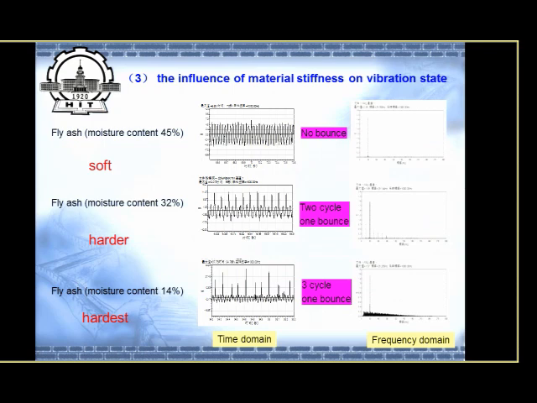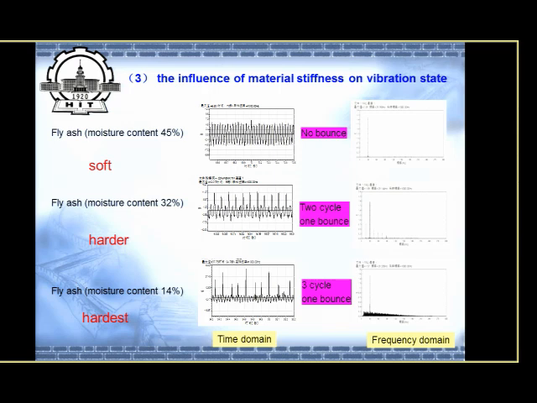The influence of the material stiffness on vibration state. We use the fly ash to study it. Moisture content is different and the stiffness is different. The vibration state is different.